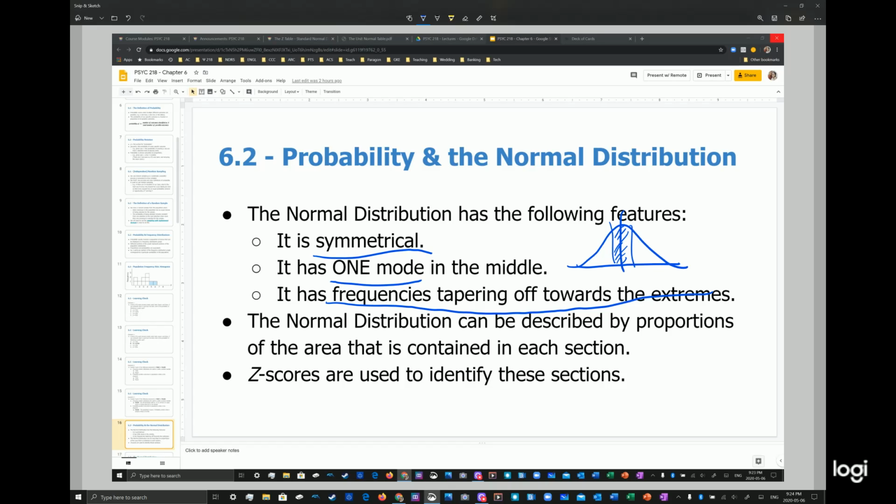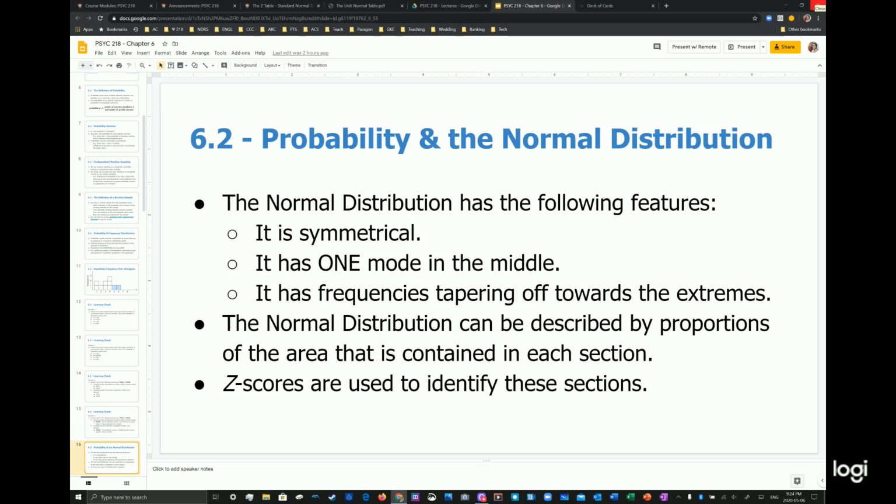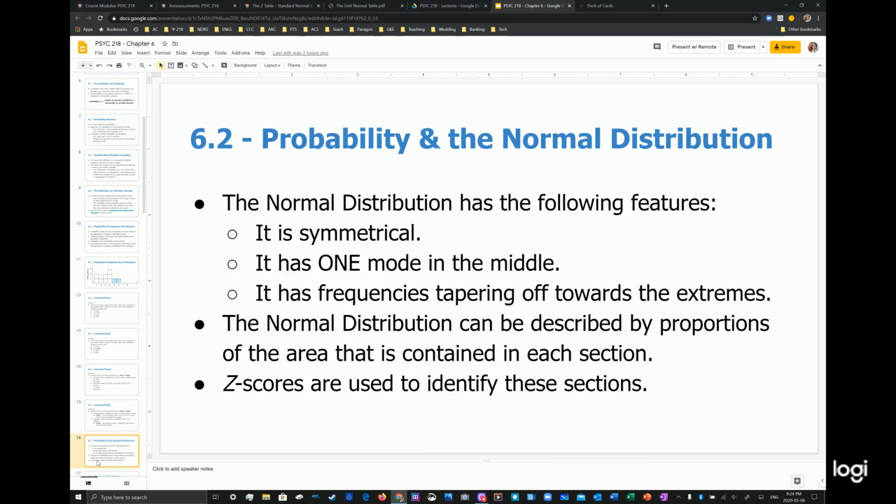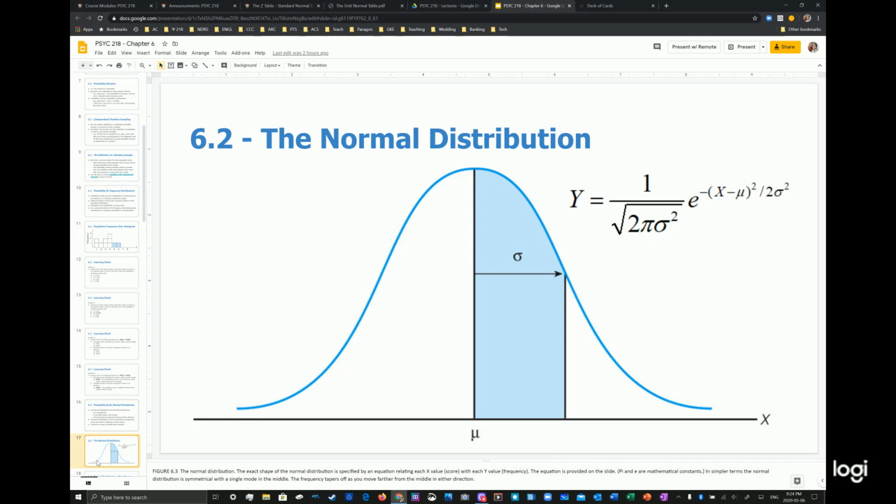This means using properties like symmetry in the normal distribution, we can figure out proportions using z-scores that help us identify those sections, just like we identified sections in slide 11 with a simpler frequency distribution of 10 scores. So now we're going to do it with normal distributions. This is a picture of a normal distribution.